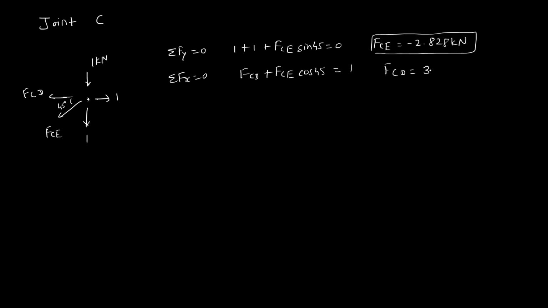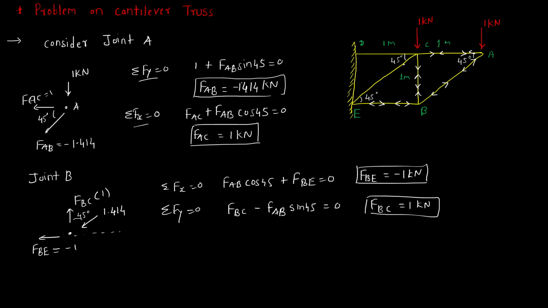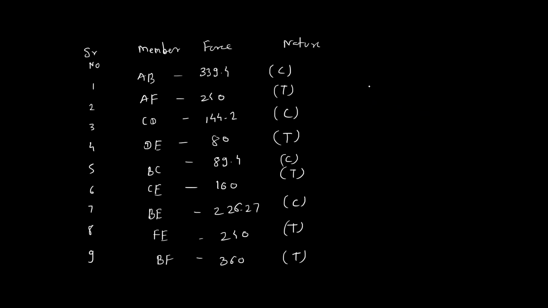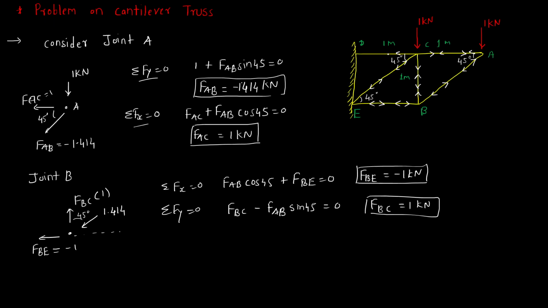So FCD is equal to 3 kilonewton. So this FCD is coming as 3 and FCE is coming as minus 2.828. So CE is acting towards the joint and CD is acting away from the joint.